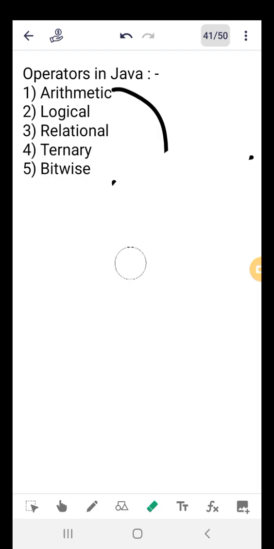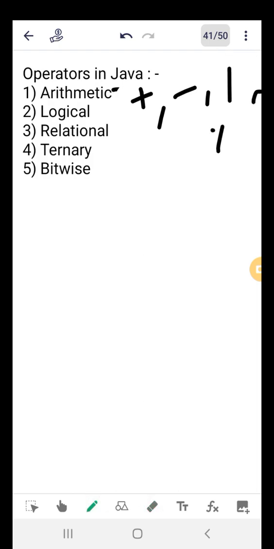In maths you have used this kind of operators, so you already know about arithmetic operators. These are the arithmetic operators which we use.